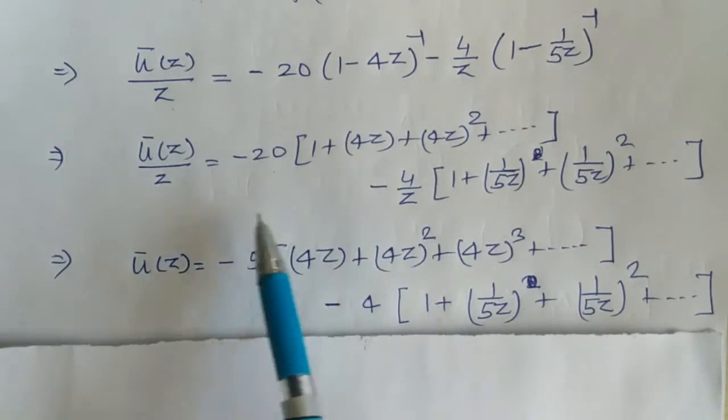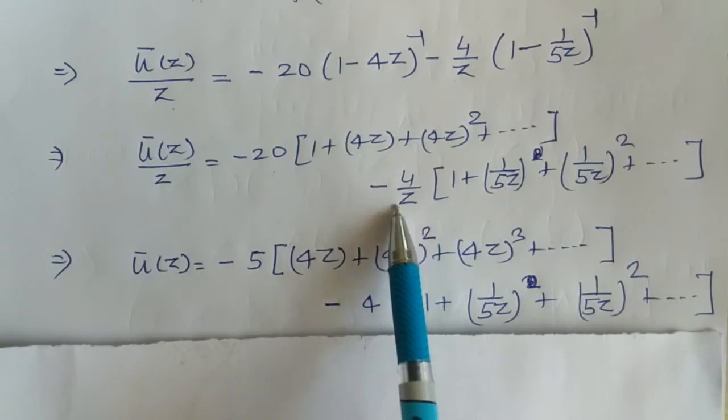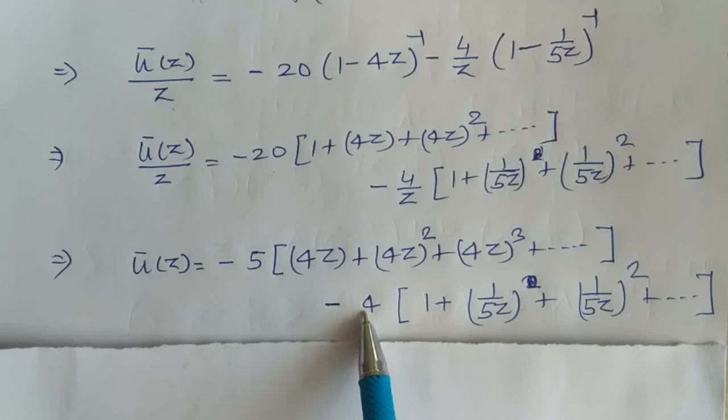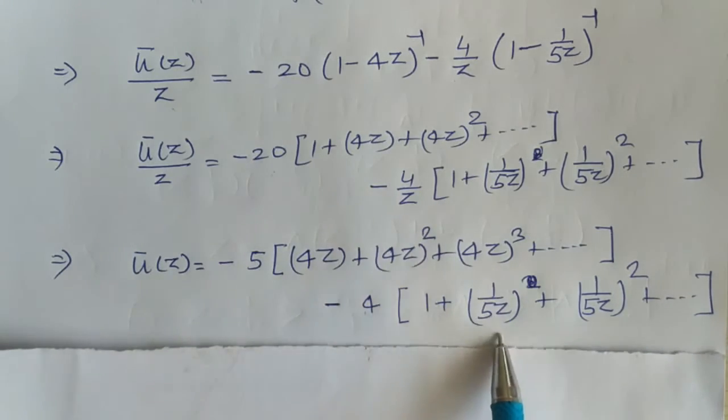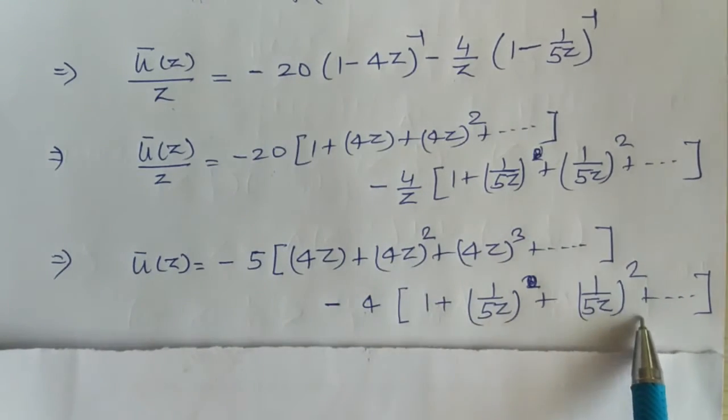And here when we multiply it by z, z and z cancel, we get minus 4 into 1 plus 1 upon 5z plus 1 upon 5z whole square plus so on.